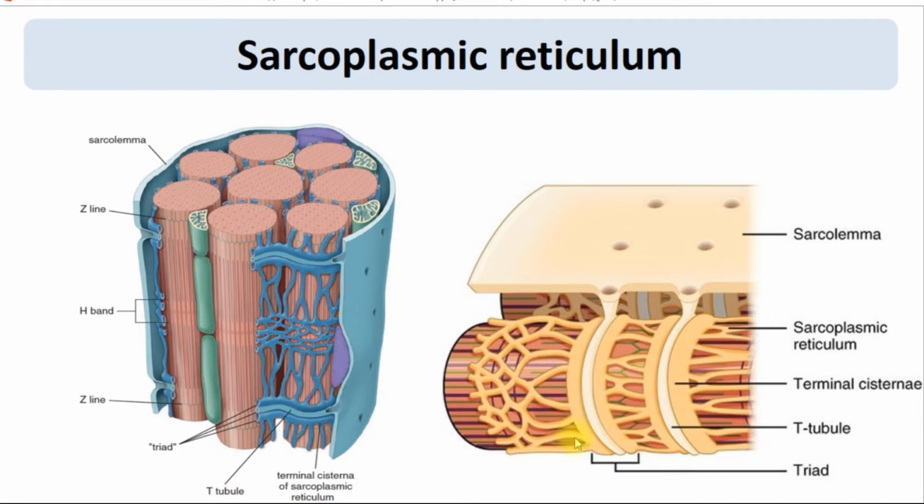And terminal cisterna release calcium ions, which go to the myofibrils. It's necessary for the muscle contraction. So sarcolemma gives rise to T-tubules, and each T-tubule is surrounded with two terminal cisterna, and it's called triad. It's sarcoplasmic reticulum, specific endoplasmic reticulum of the muscles.